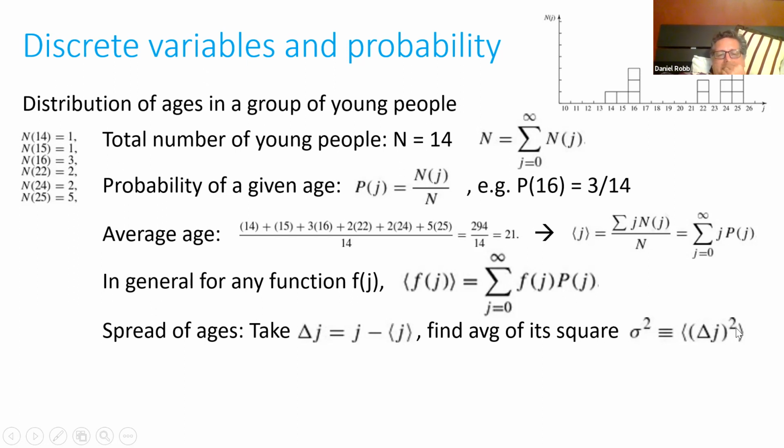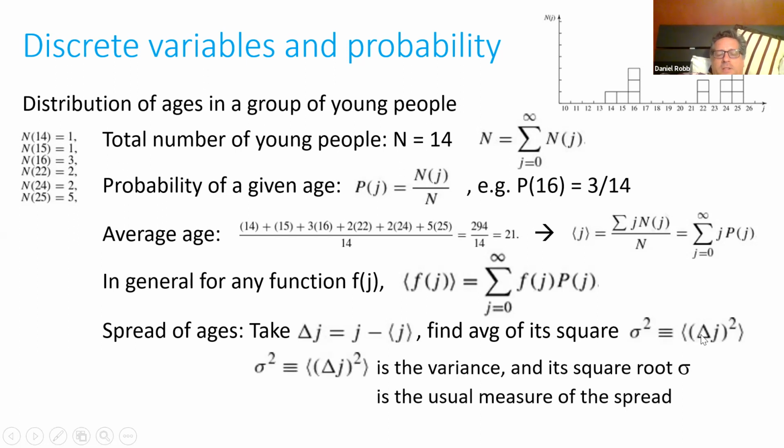That means it doesn't matter if it's plus 4 or minus 7, it's still going to contribute positively to the spread, because a positive or a negative number squared is positive. So we take the average of it squared, which we represent by sigma squared, and that's called the variance.